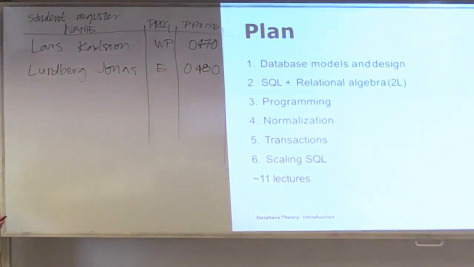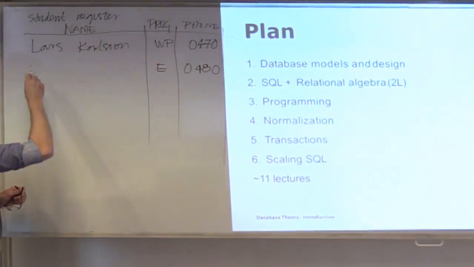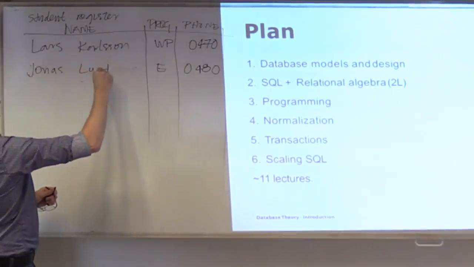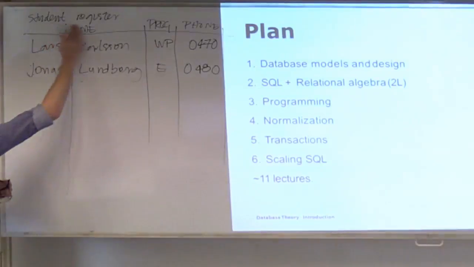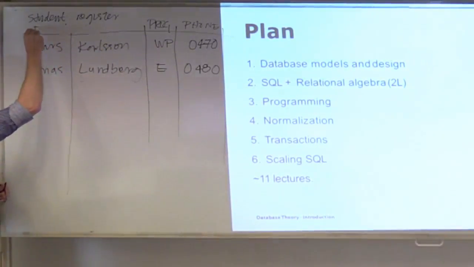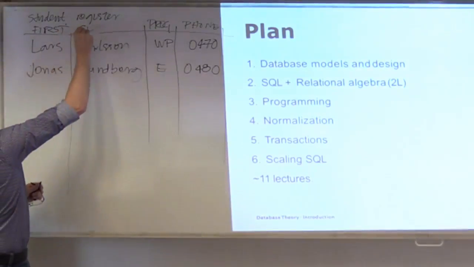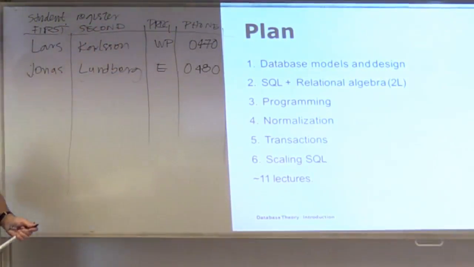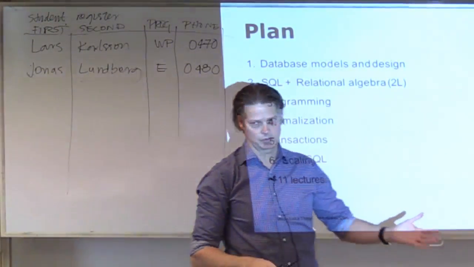So to fix that, we change those two, second name and first name. So we fix that problem where we don't know if it's the first name or the second name.